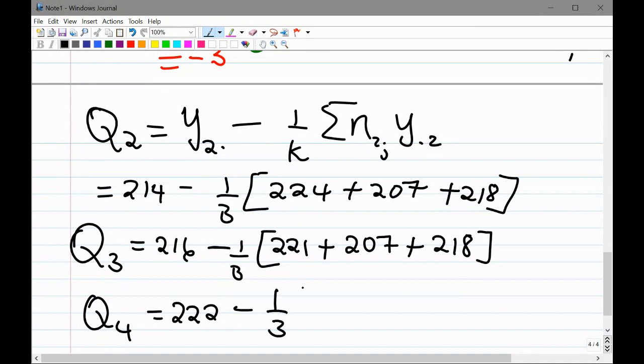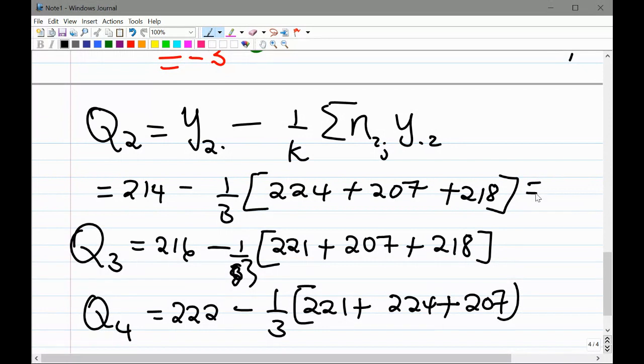We avoid those situations. The last one, Q4: the missing value is in the last block, so it's 221 plus 224 plus 207.